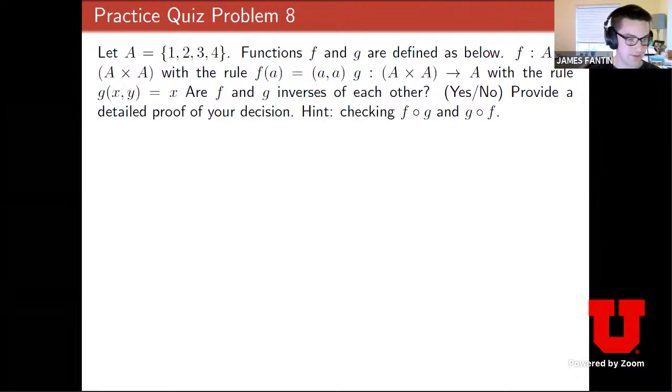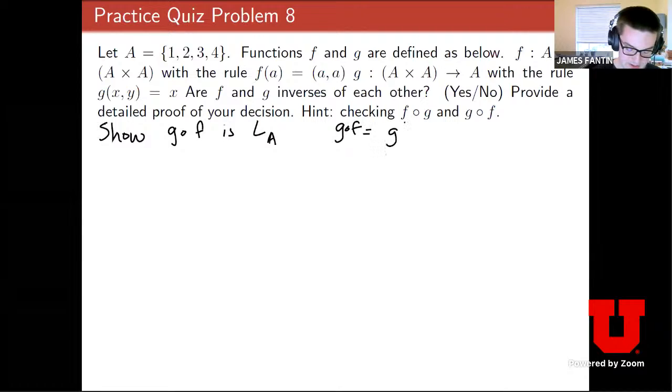To prove that two things are inverses, we basically have to show that G compose F is the identity function over just the set A. Recall that G composed F is just G of F of x, or F of a, so we're talking about elements of A. F takes something from A to the cross product, G takes something from the cross product to A. So we need to show that this is just the identity of A. It just maps every element in the set A to itself.